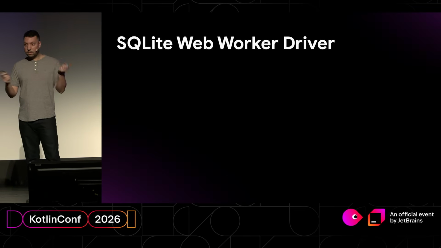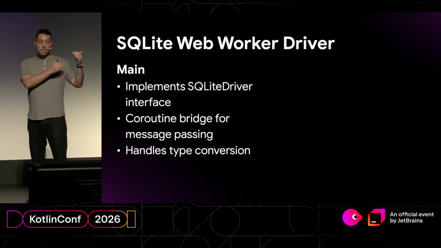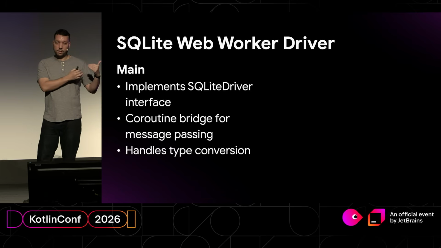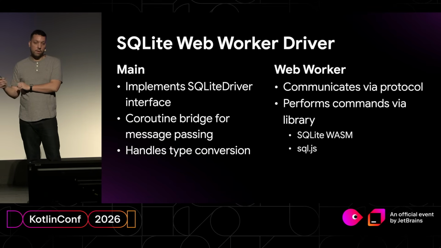Thanks to this messaging protocol, we were able to implement the web worker driver. On the main side, we have the SQLite driver interfaces that Room uses or you would use. Internally, it has coroutine bridging logic to do this message passing, and it figures out the handles and the type conversions. And the web worker side is just a JavaScript file that understands that communication protocol.